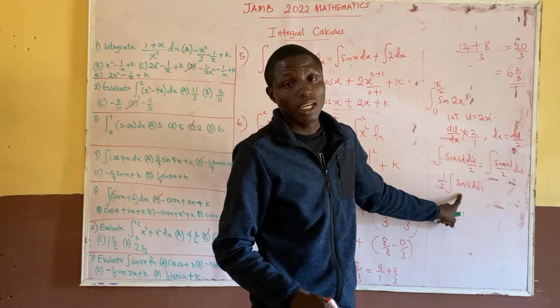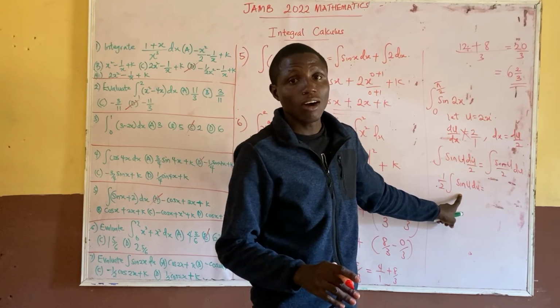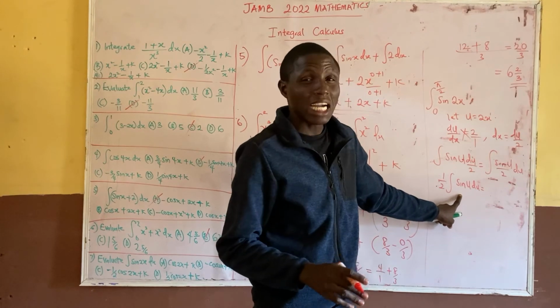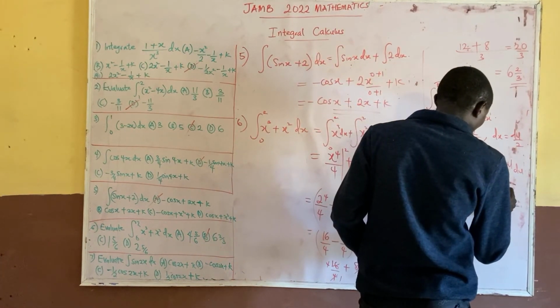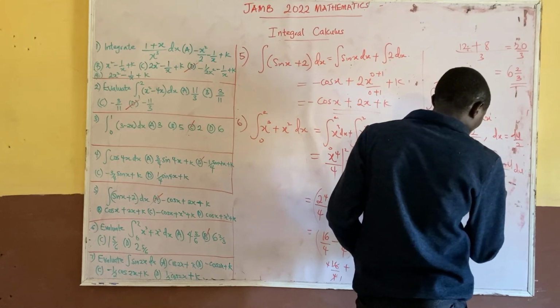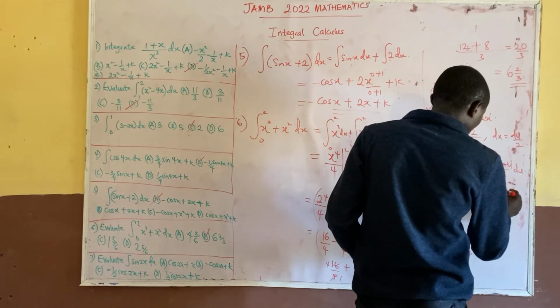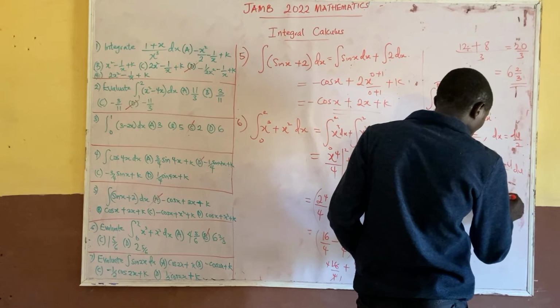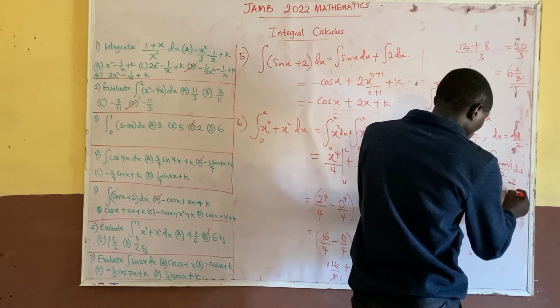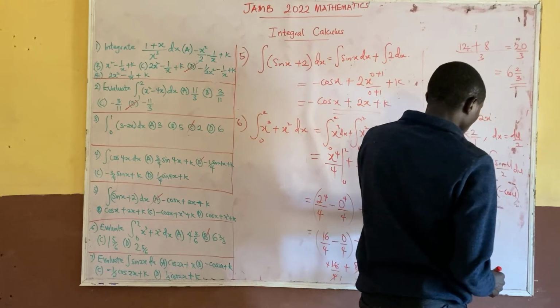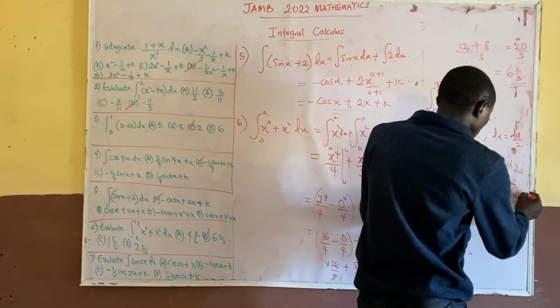Please note that. So this one is 1 over 2 times minus cos u, plus c.